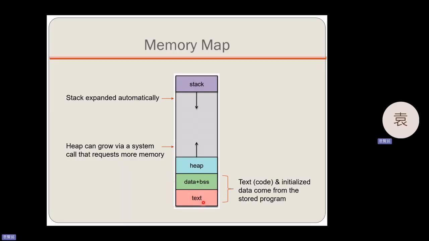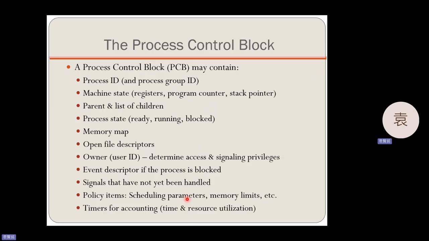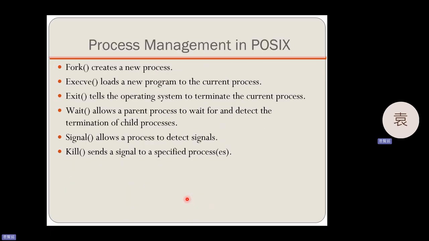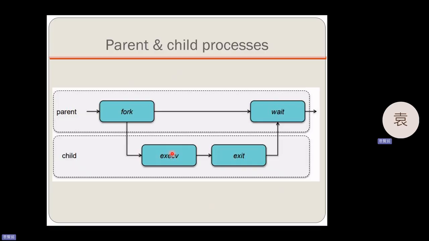After you fork, you find out it's executing in the child process, then you know where to load the new image. The instructions will be loaded into this part, but the others remain the same. The data and the BSS may be different, but the new process image will be loaded into this same memory map. The process is already there, but you load a new program image into it. That's the functionality of exec.